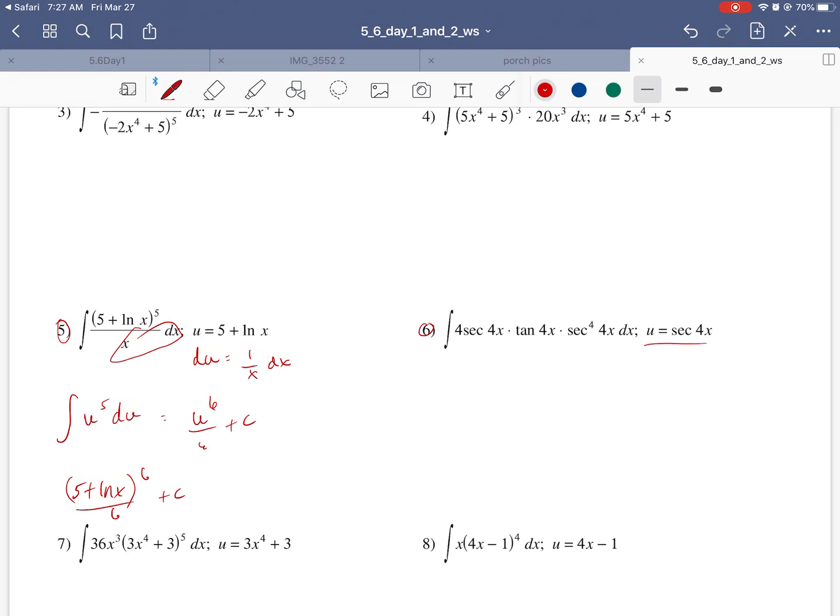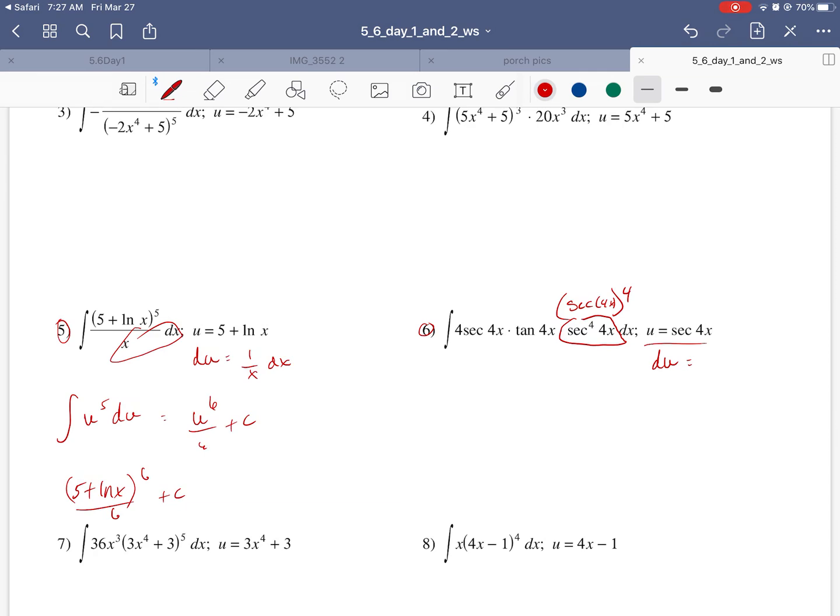Okay. So now here, this one definitely is a little bit harder to see because of the way trig to exponents is written originally. So let me take a second and show you how this term right here, remember, is secant of 4x all to the 4th power. So I think if it was written in that way to begin with, it would be a little bit easier to identify the inside.